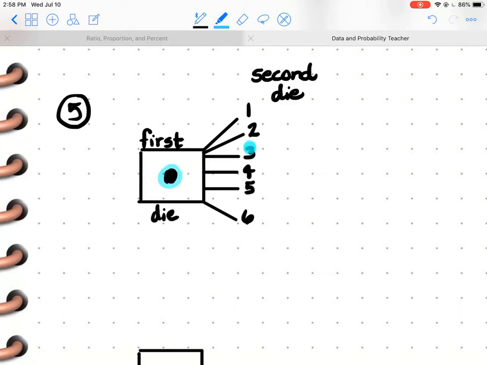You could roll a 1 and a 3, a 1 and a 4, a 1 and a 5, or a 1 and a 6. Those are the possibilities. Do any of those add up to 7? Yes, the 1 and the 6. So this pair right here add up to 7.